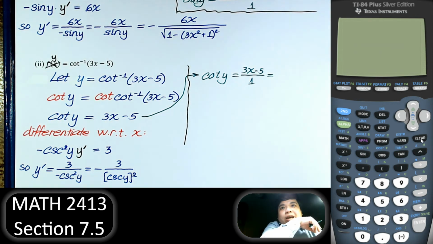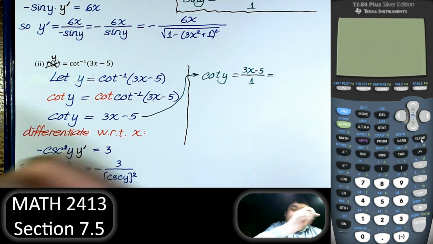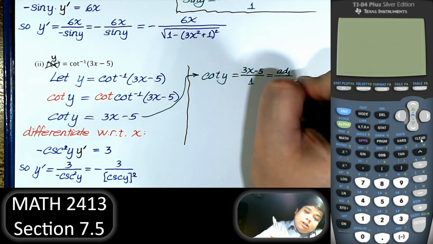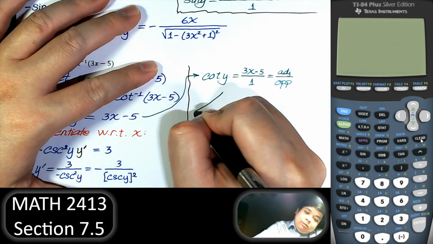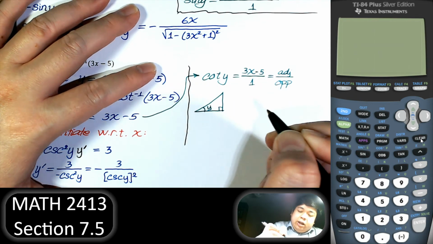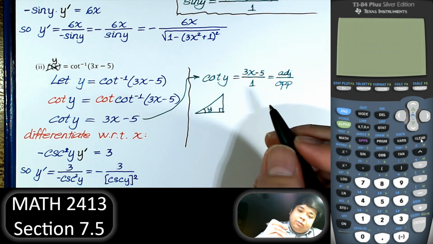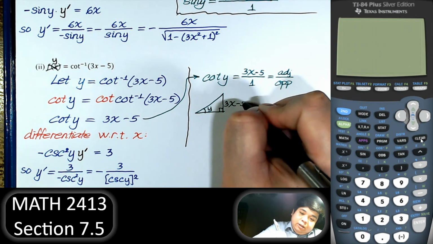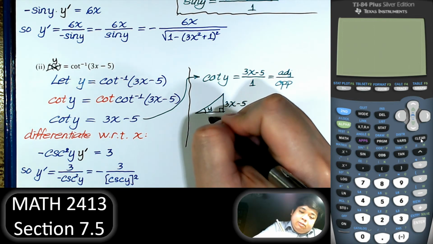Cotangent is the reciprocal of tangent. Tangent is opposite over adjacent, so this is adjacent over opposite. Triangle, angle y. Adjacent is 3x minus 5.